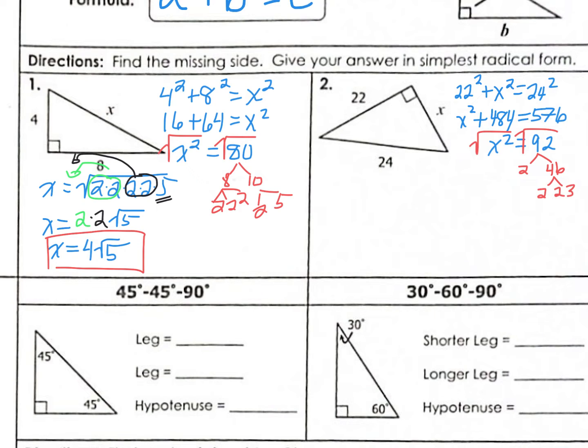So at this point, my x is going to equal 2 2's and a 23. So we're going to pull out a pair of 2's out in front, and then the 23 will stay underneath. So x is equal to 2 square root of 23.